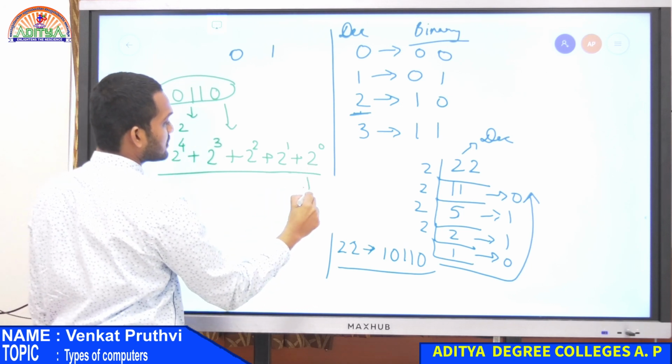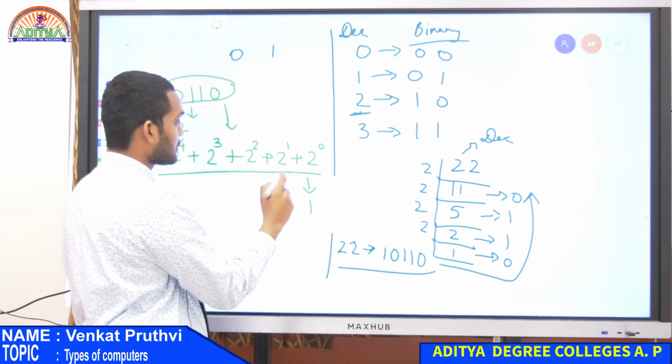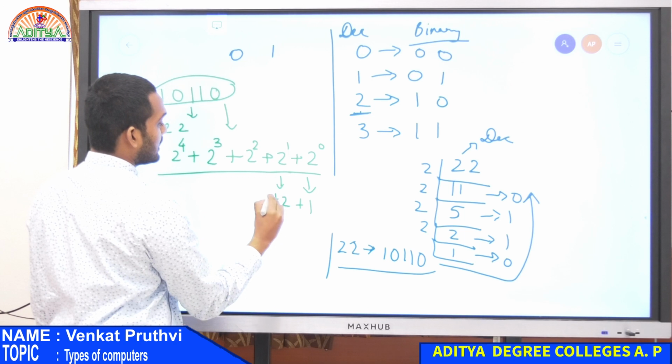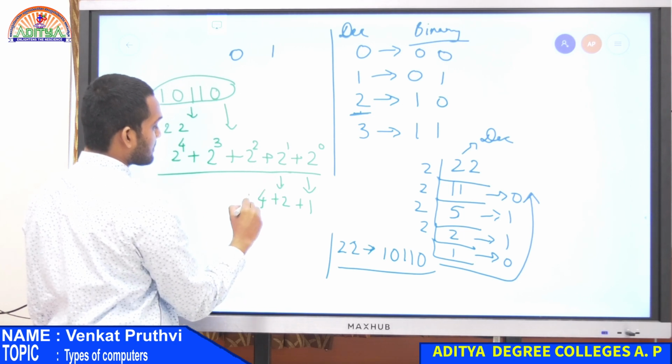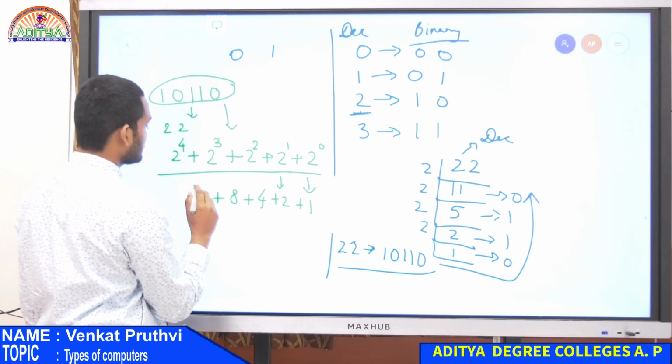What is 2 power 0? 2 power 0 is 1. Any number to the power 0 is 1. Next we have 2 power 1, that is 2, 2 power 2 is 4, 2 power 3 is 8, 2 power 4 is 16.